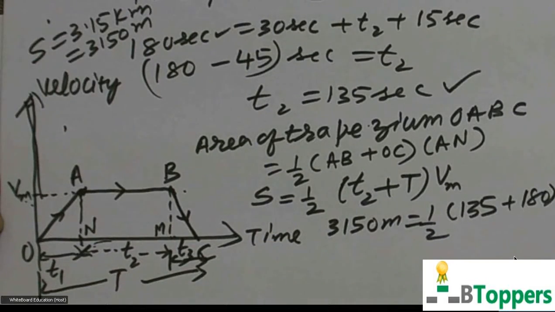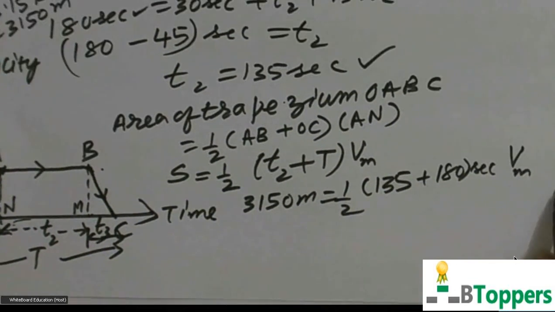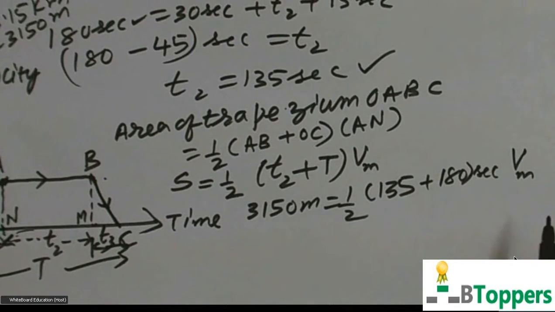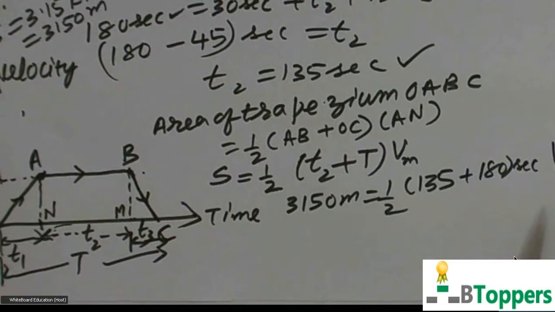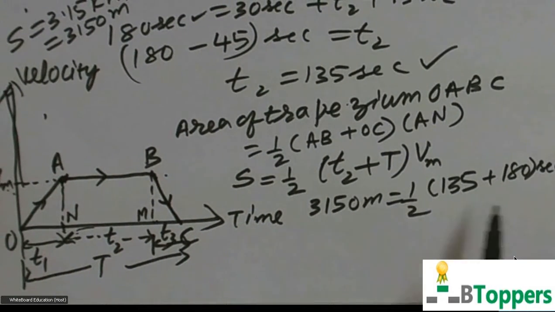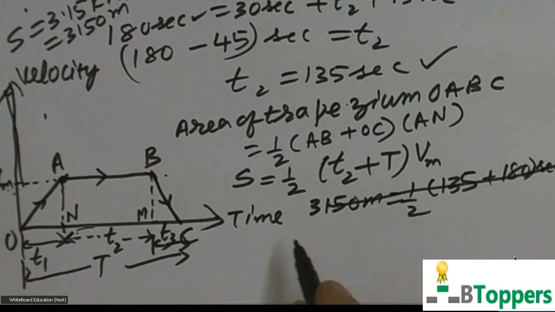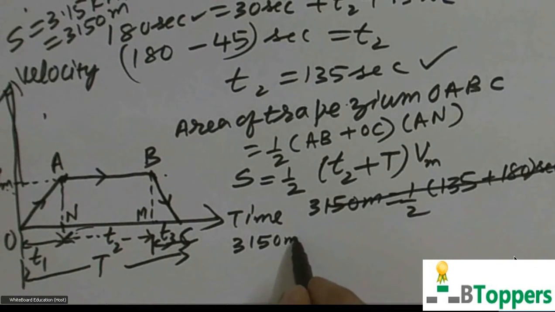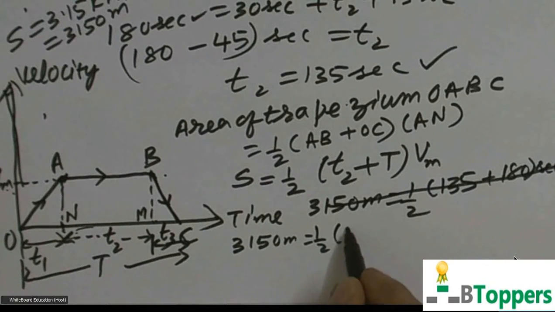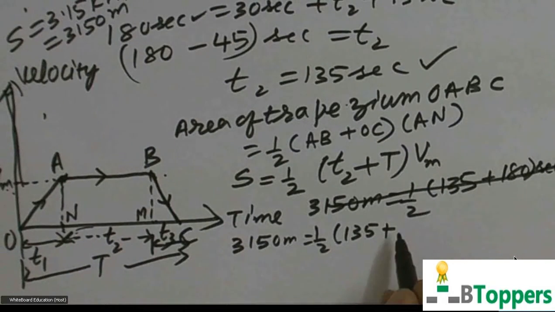So from this you can find the maximum speed yourself. I write the same calculation. Again, s equal to 3150 meters. T2 equal to 135 seconds. Total time of motion is 180 seconds. Vm is the maximum speed, which you have to find out. From this you can find Vm.